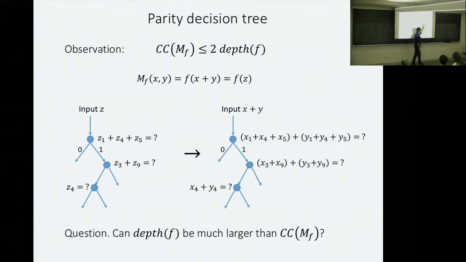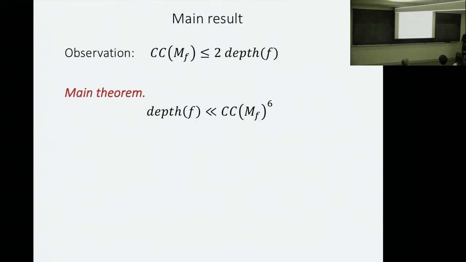So now they both know the value of this equation, and together they walk on the suitable path on the tree, and at the end they figure out the value on the leaf. So this translates into this formula: the communication complexity of the matrix is at most twice the depth of the parity decision tree that computes the function.